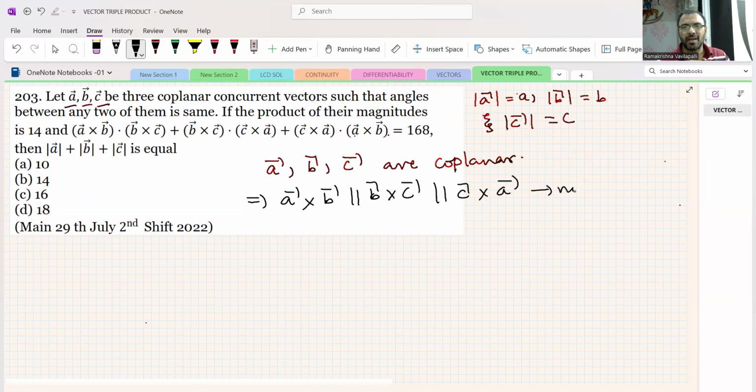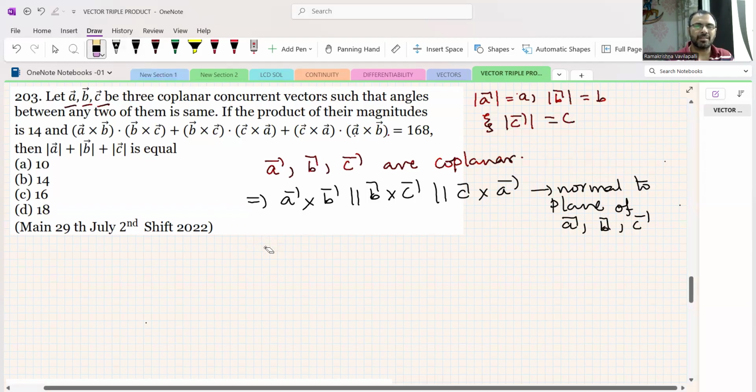These three are normal to the plane of A bar, B bar, C bar. All right. So here you see the box of A, B, C. There are parallel vectors, so I'll apply that.